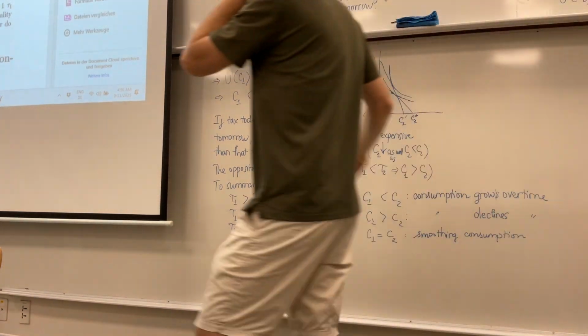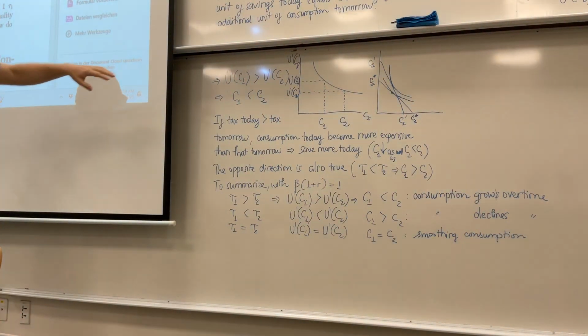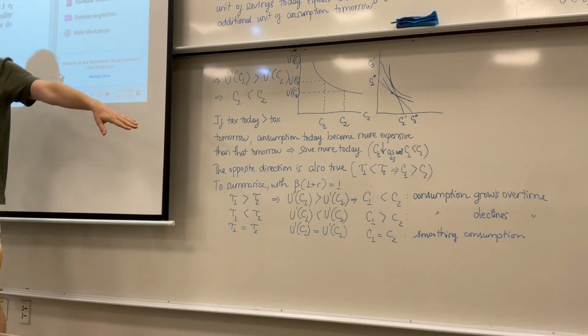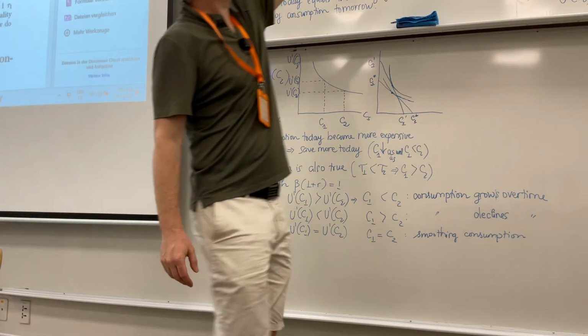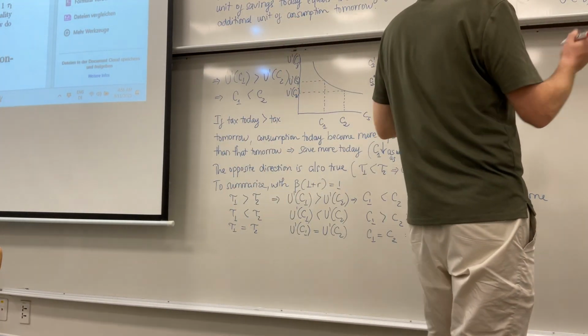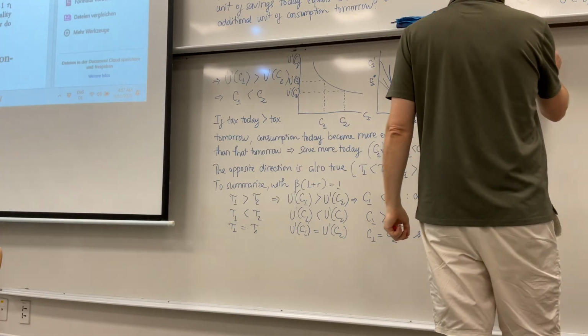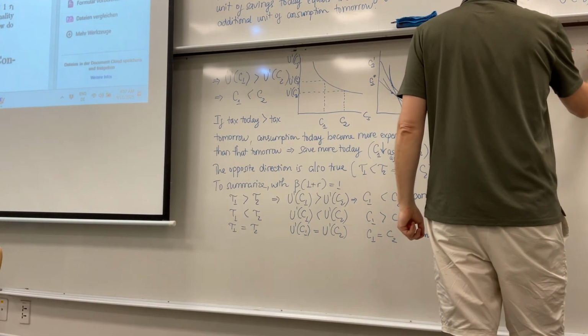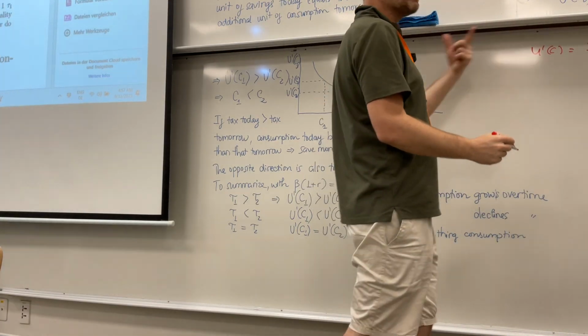What I like that you did here, what's really interesting, is you made it more general. We can also take the log utility setup, so U prime equals 1 over C. That's the derivative of the log.